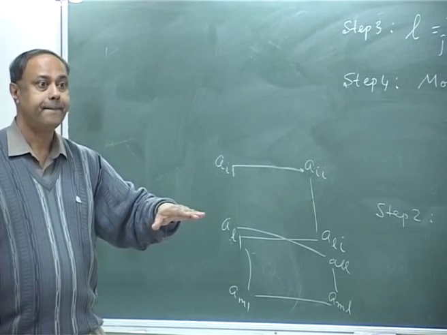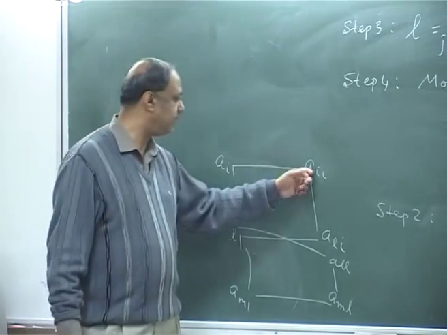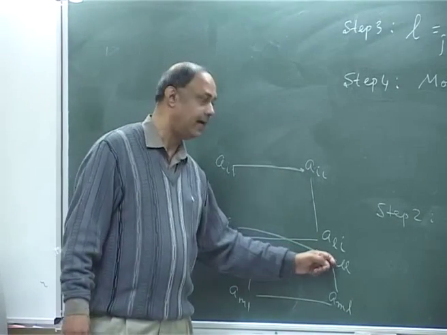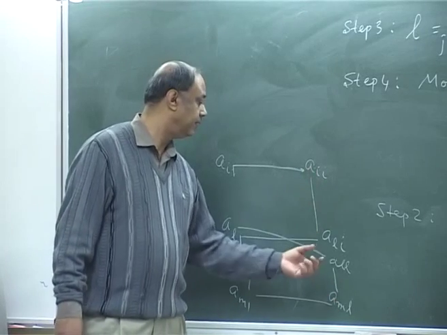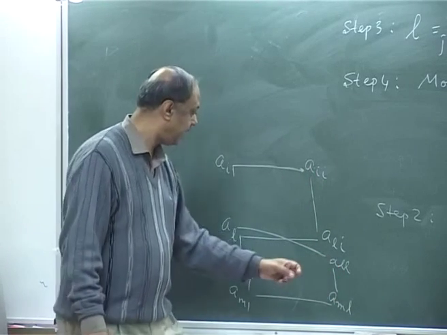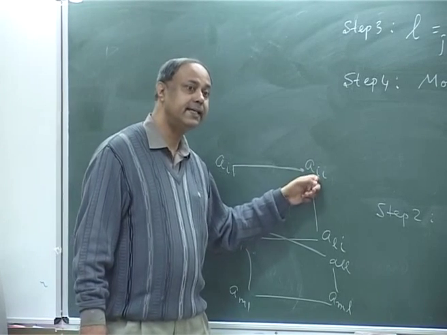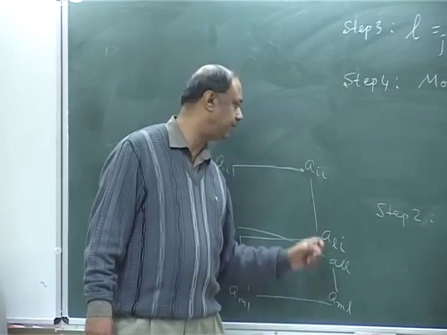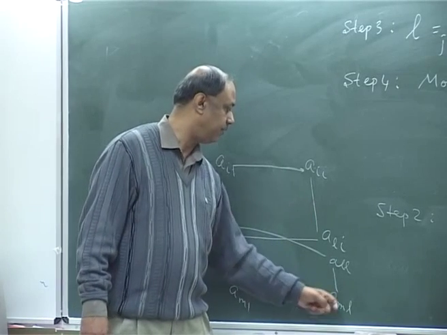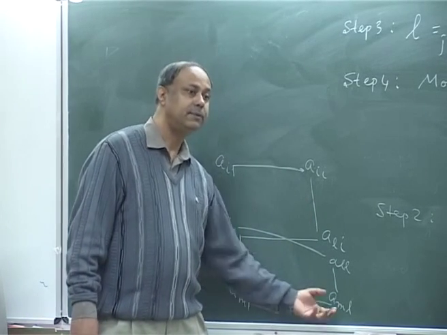Agreed? Now when you send the data from here to here, you are using different column connections, because this is ALL and this is AII. You are sending the data using different column connections from here to here and from here to here. Similarly is the case.